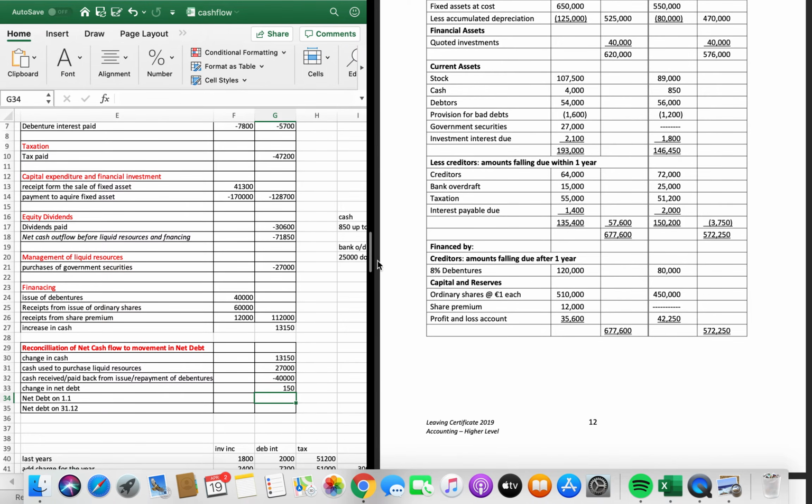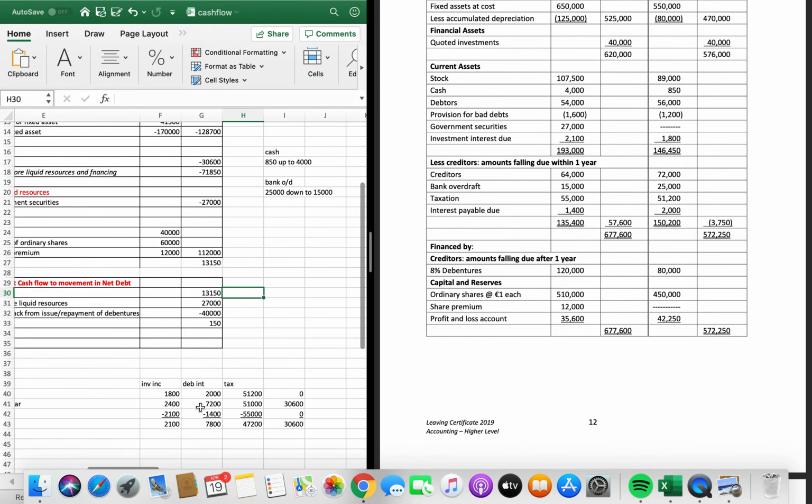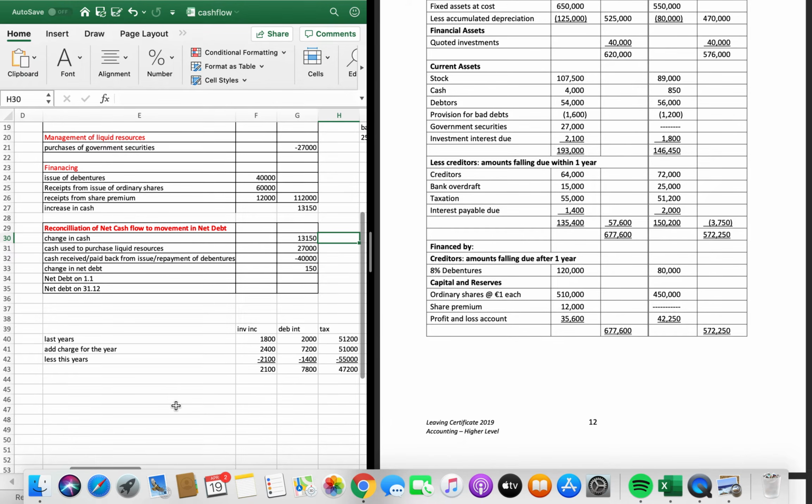Now our net debt, I'll just have to do this as a working. Net debt is our debt position over the course of the year. So the 1st of January, 31st of the 12th.